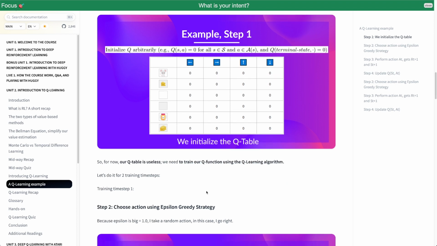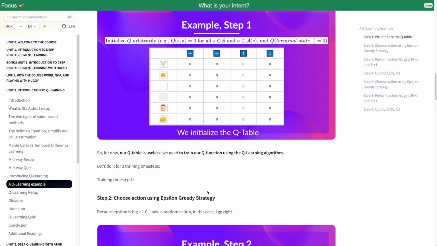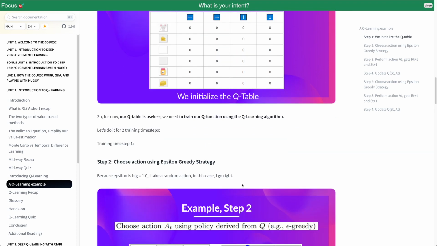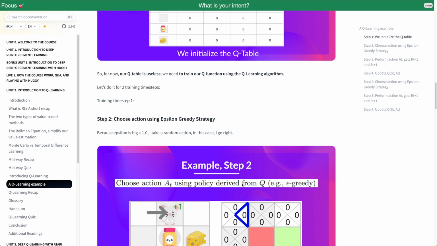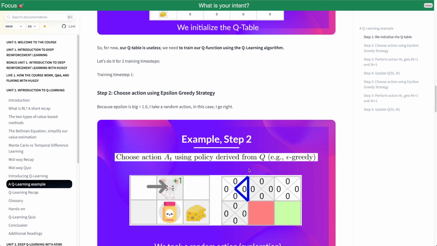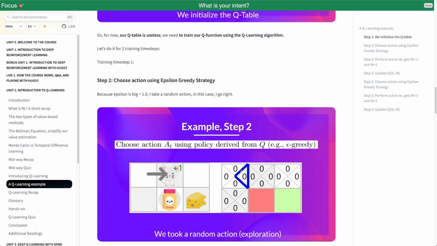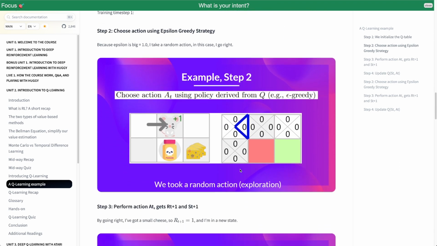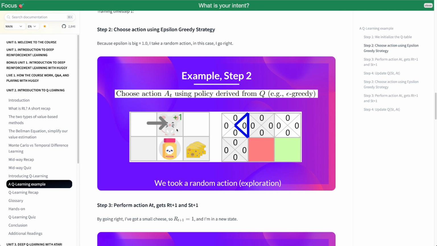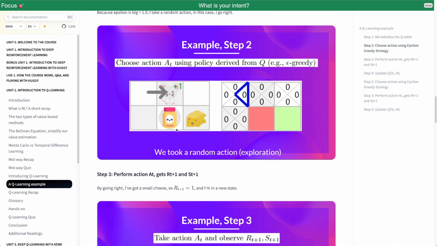Let's do it for 2 training steps. Training time step 1: choose an action using epsilon greedy. Because epsilon is big, 1, I take a random action. In this case, I go right. The mouse goes right. It doesn't say it here, but this right means I just ate a cheese.